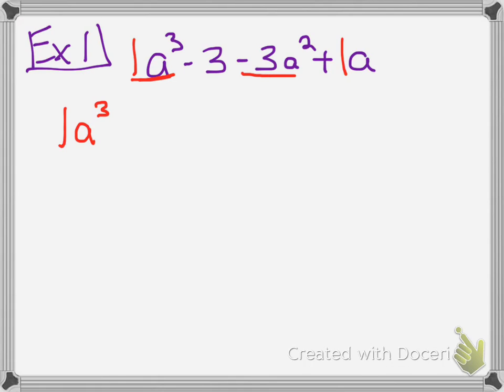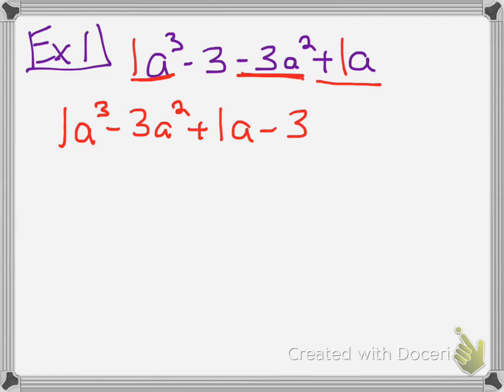Then, descending order, I go to negative 3a squared, 3 then 2 on the exponents. Well, the next term is plus 1a. The numbers are always last.